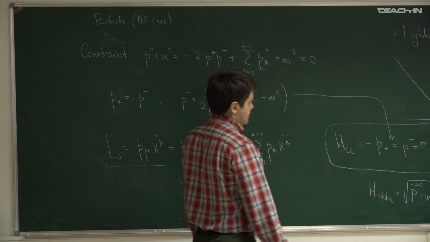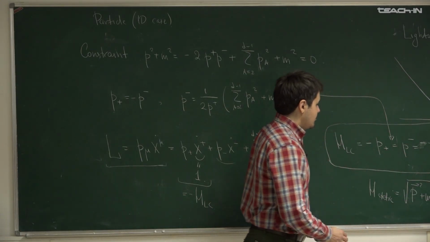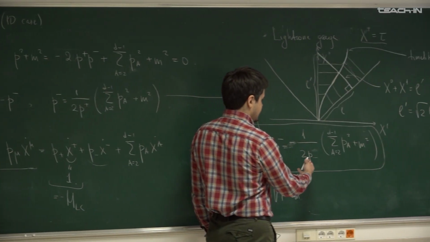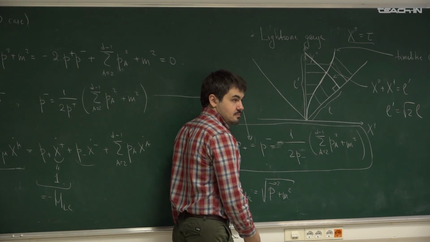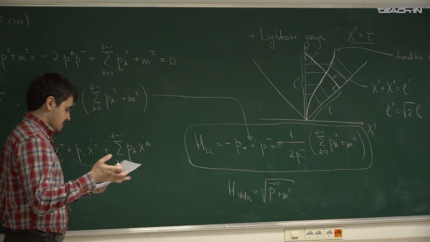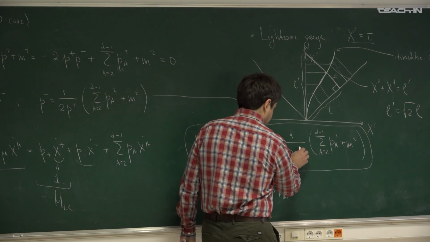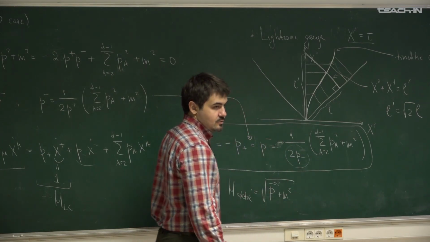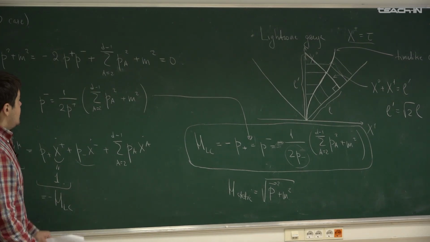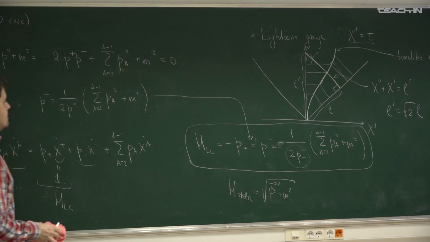So this is the Hamiltonian in light-cone gauge, and the simplicity might not be obvious in this case, but the key idea is that here we have a quadratic expression in the p's as opposed to the square root. So it's kind of reminiscent of a free system. Although one still has some small nonlinearity here, that will not matter so much, as we will see. Okay, so this is the light-cone gauge for the particle.